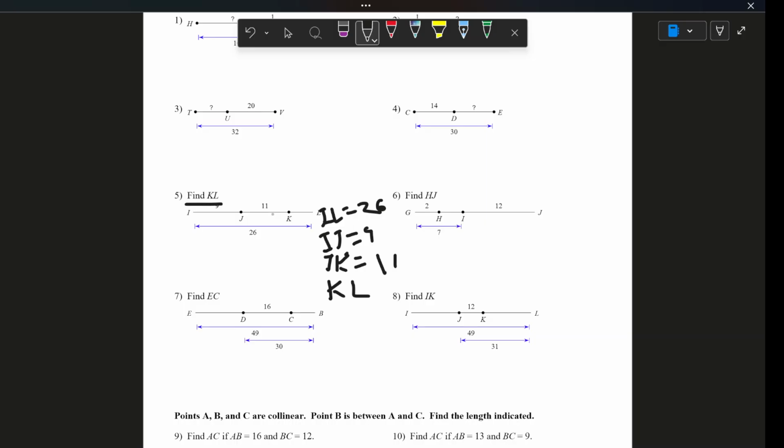Cool. So, same process. Let's do it. IL is equal to IJ plus JK plus KL. So we know IL to be 26.